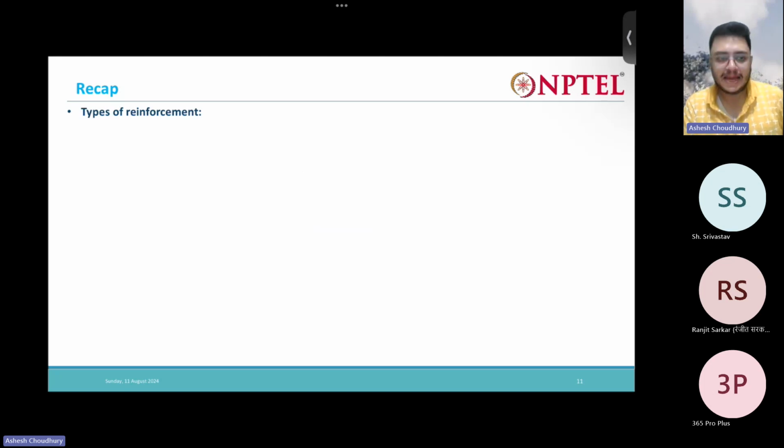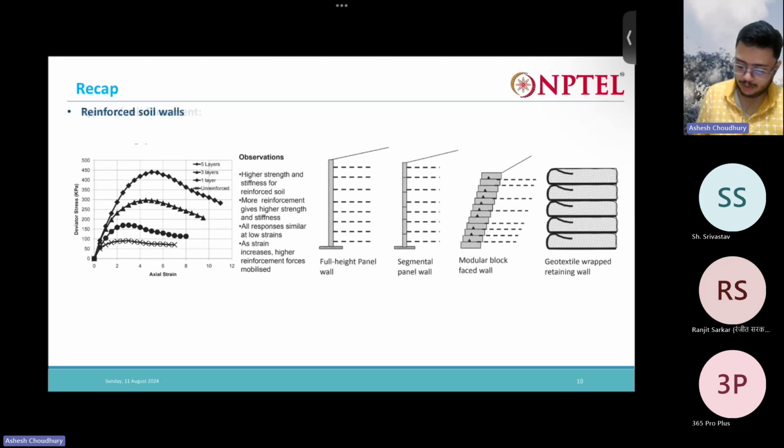So what are the types of reinforcement that we can have? This we have been discussing since the first class, first discussion session, right? What can we use here?